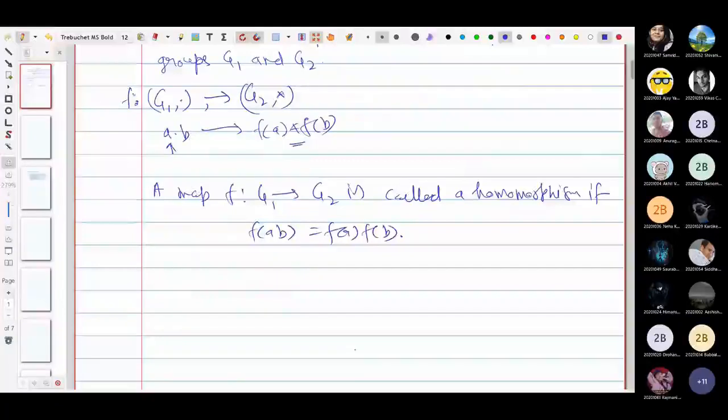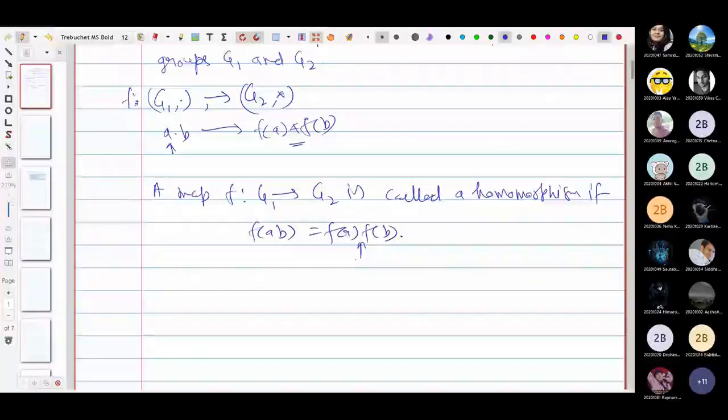Without specifically writing the operations, it is understood that the operation between these two will be from G2, and here the operation of G1 will be considered.